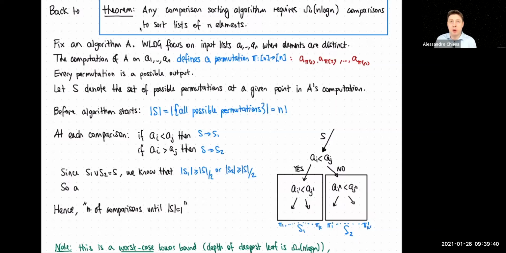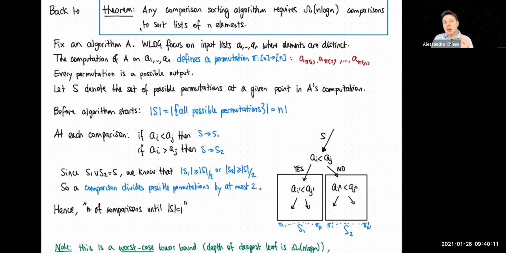If they were both small, then there's no chance they could ever cover the original set, okay? So this tells us that a comparison divides the possible permutations by at most 2.